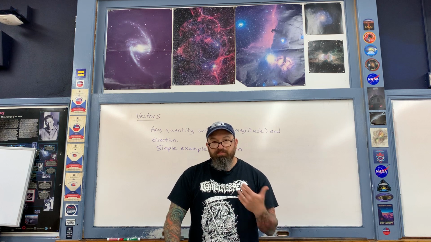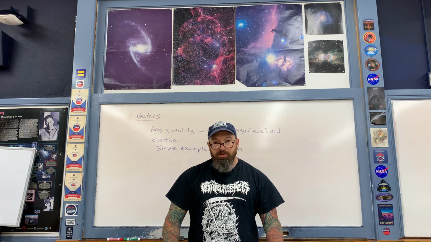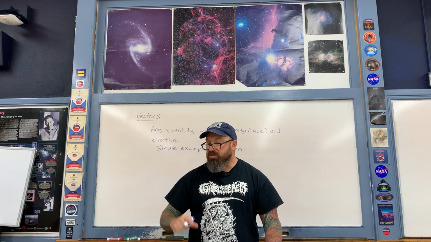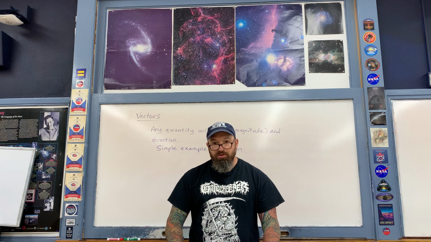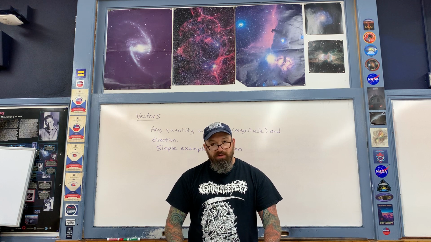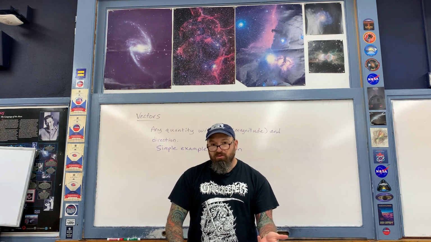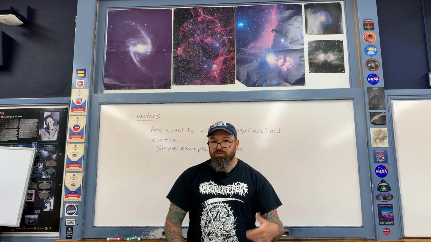If you were sitting in this room and facing me, you would see that I would be standing to the right-hand side of the door, some distance from it, right now maybe about 10 feet or so. So you would say that my position is 10 feet to the right-hand side of the door. You described a vector quantity: the magnitude, 10 feet, and a direction, to the right-hand side of the door.